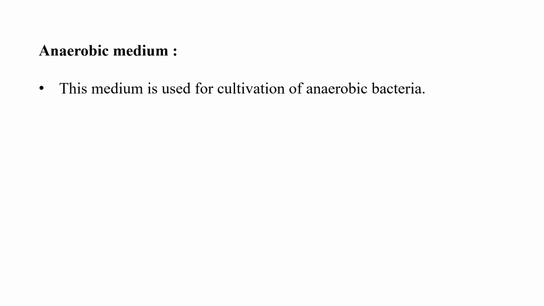Next type is the anaerobic medium. Anaerobic medium can be used for cultivation of anaerobic bacteria. Anaerobic bacteria are those bacteria which will not grow in the presence of oxygen. Now, to promote the growth of anaerobic bacteria, the medium which we are designing should consist of reducing agents.